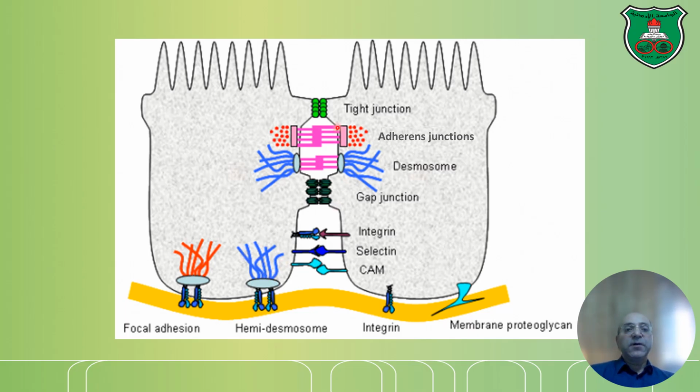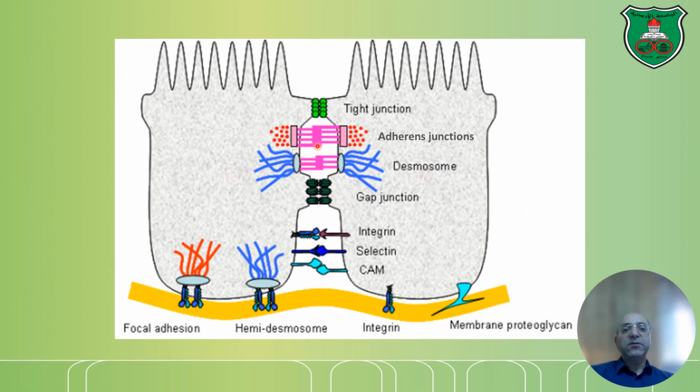We have cell-cell interactions that take place via tight junctions, sealing the spaces and sealing the membrane. We have adherens junctions, cadherins forming homophilic interactions between two cells, and these cadherins interact with the actin filaments.